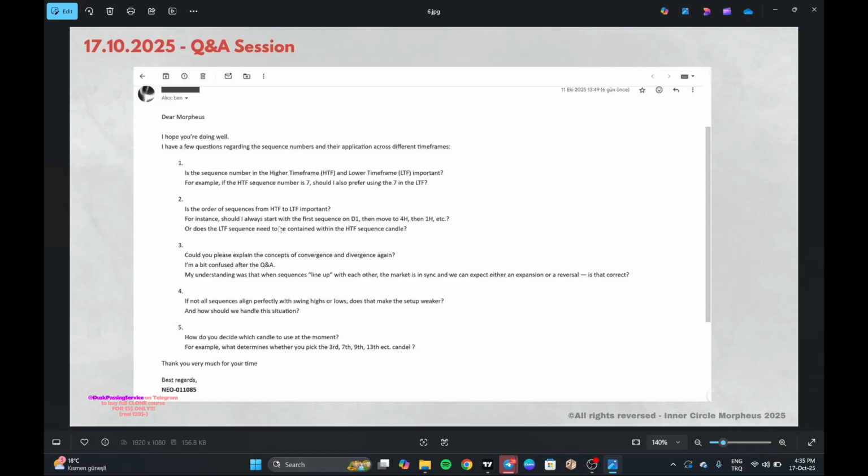For instance, should I always start with the first sequence on daily, then move to 4 hour and then 1 hour? Yes, you can do that. This is the easiest approach. While counting, you should start with weekly, daily, monthly, and going into 4 hour, 1 hour, and even maybe 15-minute chart, depending on whether you'll take day trades or swing trades.